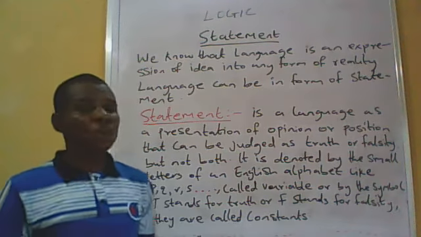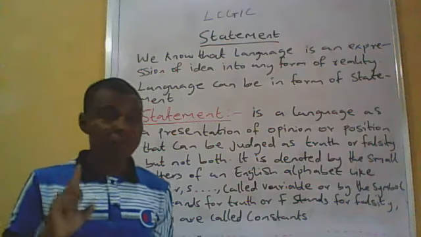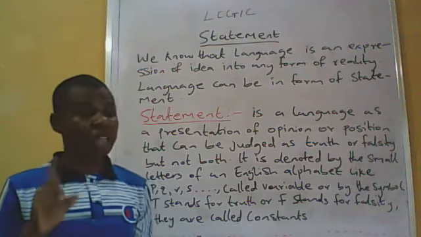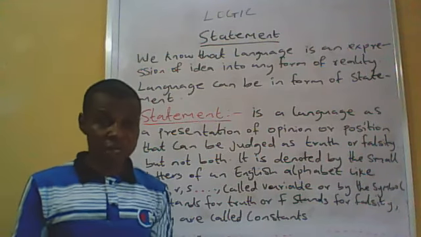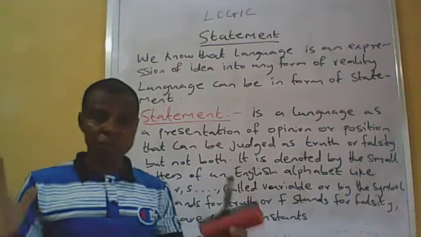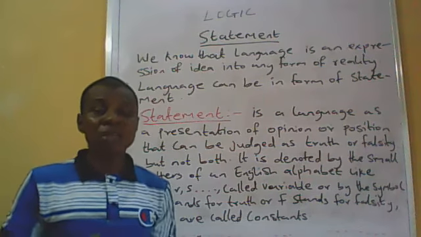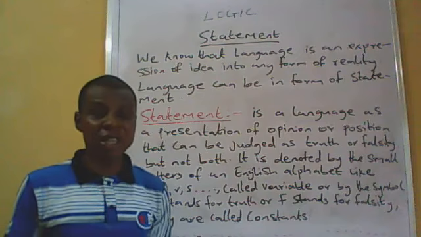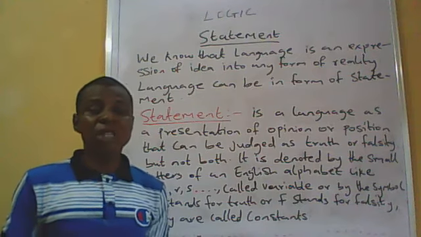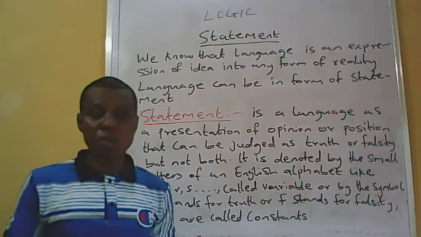And also, it can be denoted with T standing for truth or F standing for falsity. These are called constants. Why are they called constants? It is because they do not vary. They remain as they are in a statement. So a statement can be equal to truth or equal to false.